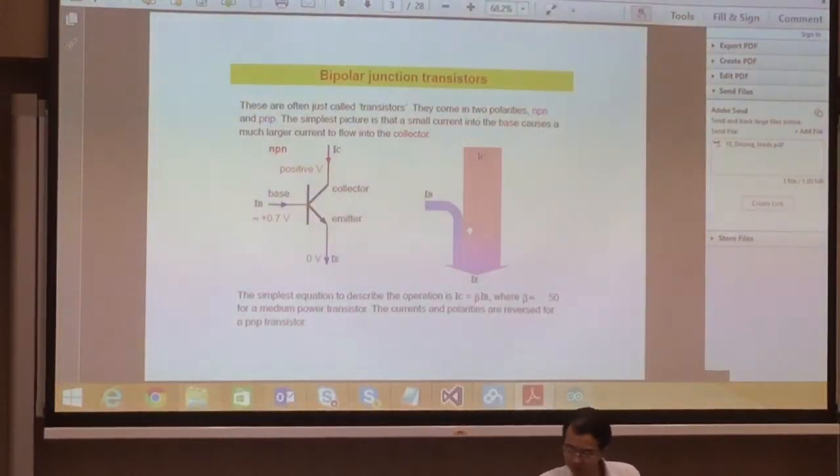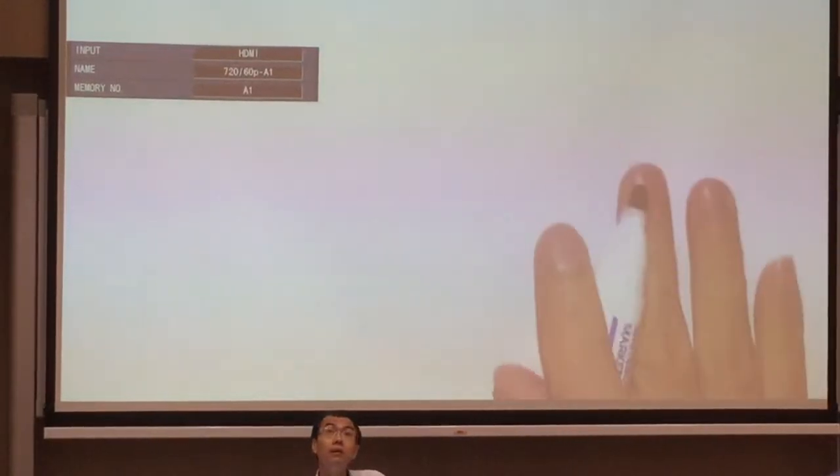So let me go through what bipolar transistors are. We have two common bipolars. One is called NPN, one is called PNP bipolar.